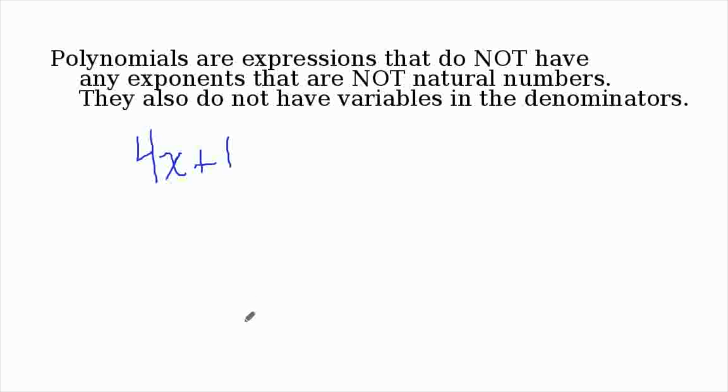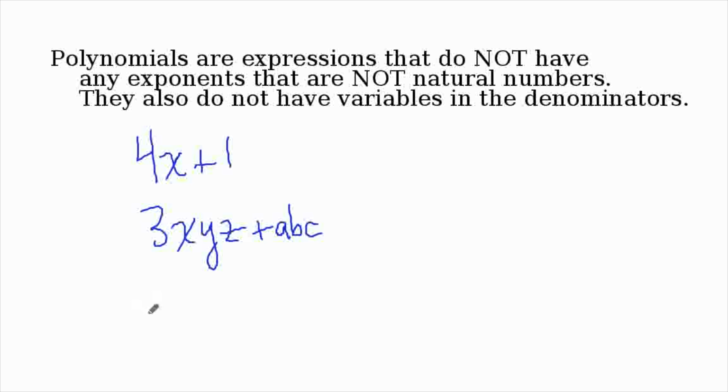All right, there is no exponents, or you might say there's an explicit exponent of 1, so that's a natural number. I'm not dividing by variables, so that one works. 3xyz plus abc. It's okay to multiply by several variables. Again, I don't have any weird exponents and no division.